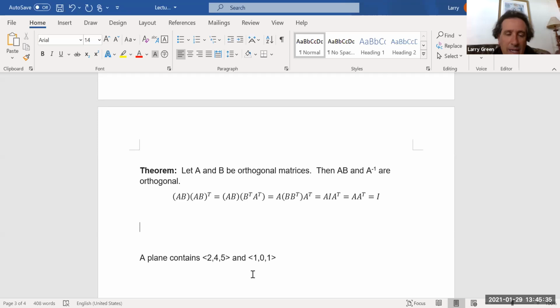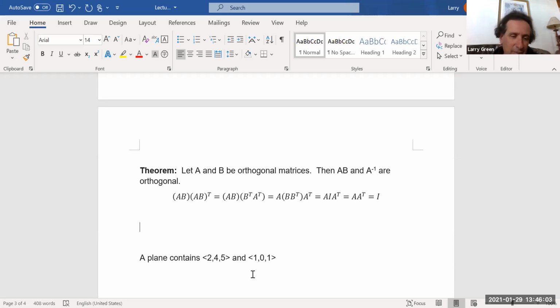And if you look at these vectors, they're clearly not multiples of each other. They're not in the same direction. Can you see that? Because the first component of the first is twice the first component of the second, but certainly the second component is not twice the other second component. So it's definitely not in the same space.